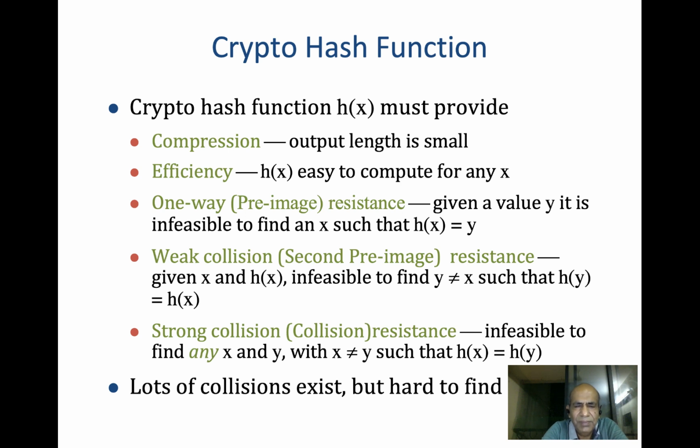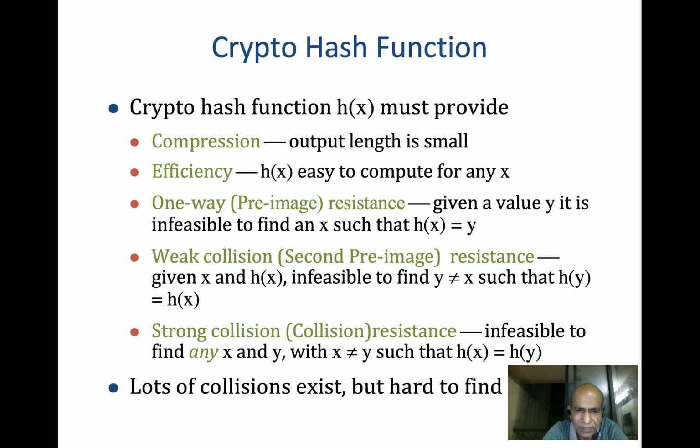So given some text x, which could be of any length, and we know its hash value, it is not possible for any intruder or anybody to find another text which will hash into the same output.